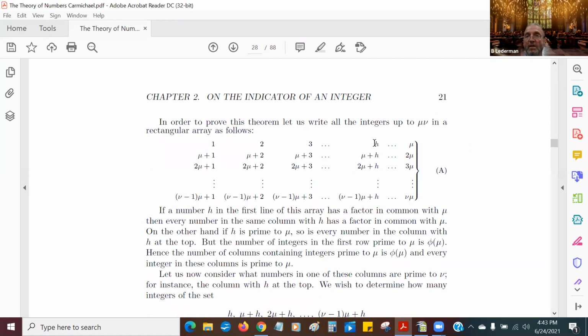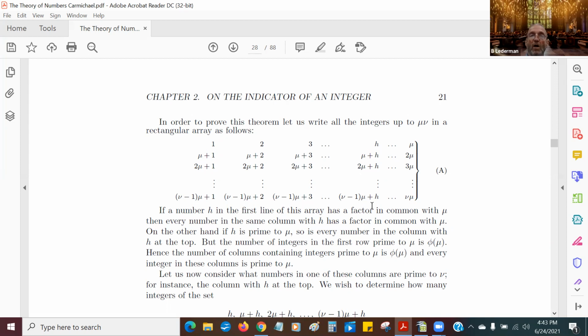Let's say there's some number, alpha. Alpha is a factor of h, and alpha is a factor of mu. Well, if alpha is a factor of mu, then it's a factor of mu plus h, and it's a factor of 2 mu plus h, and so on and so forth.